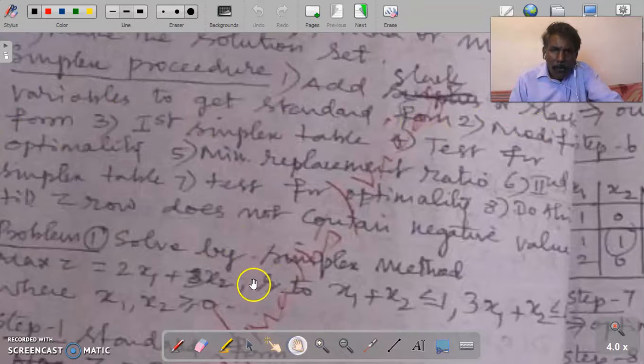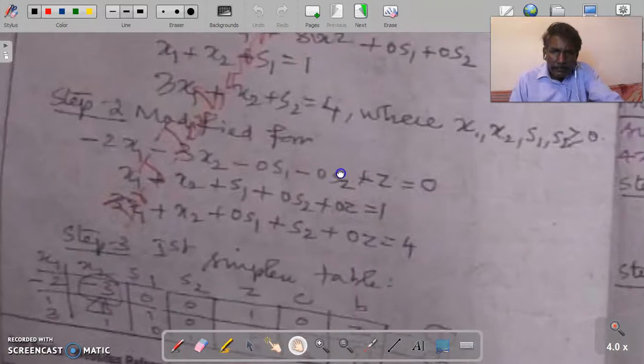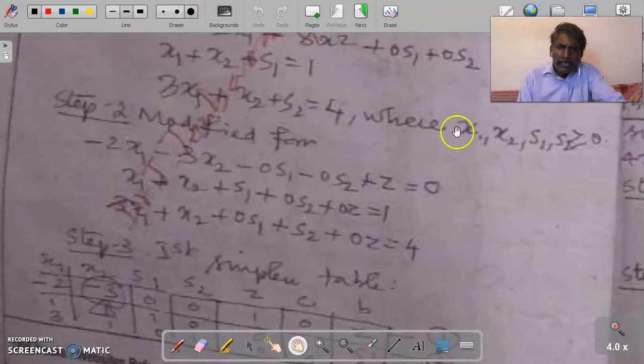Look at how we are making a modified form here. What is a modified form? A modified form is nothing but bringing the variables on one side and the constant on the other side.